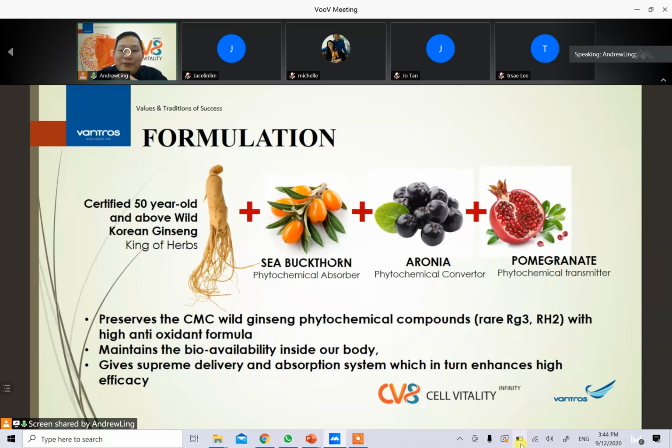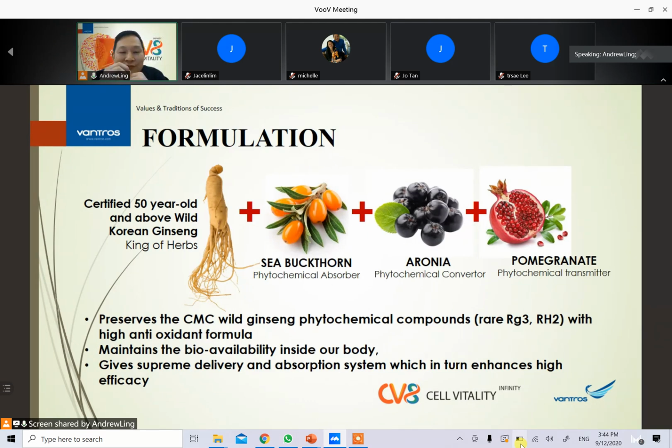We know that it contains a lot of ginsenosides, and the antioxidant properties provided by the sea buckthorn and aronia can be used as a natural preservative to preserve or protect these rare ginsenosides.